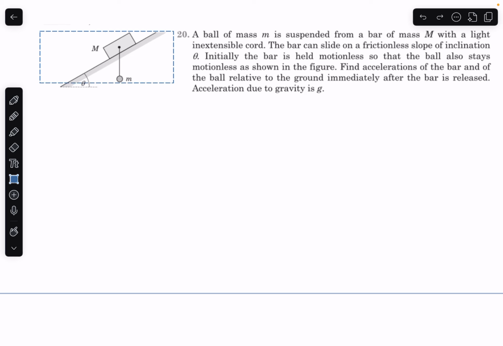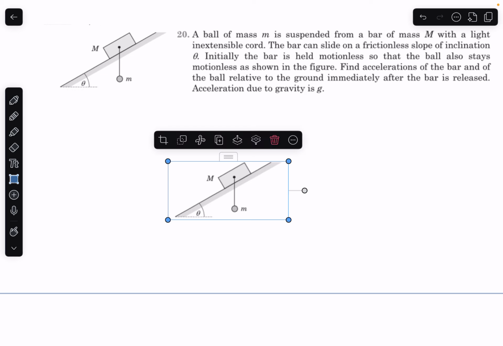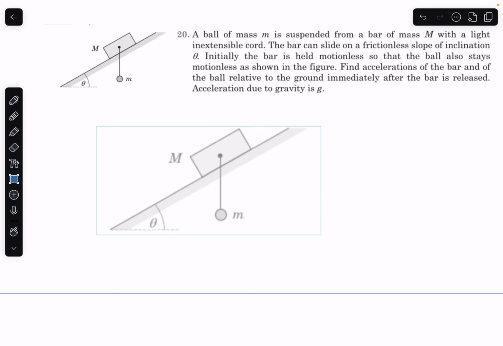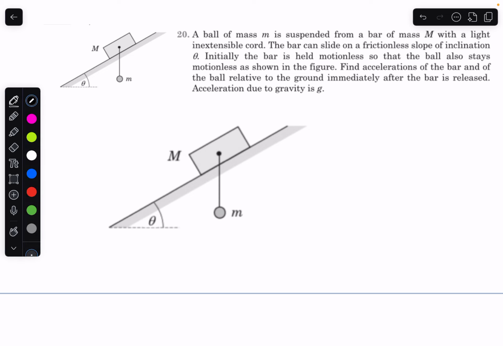So if we import this diagram and draw the forces acting on the bar and the ball, the ball is connected to the bar with the ideal string, so a tension will act like this, and this tension will act in the downward direction on the bar.